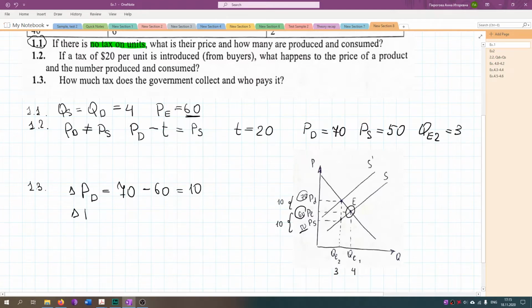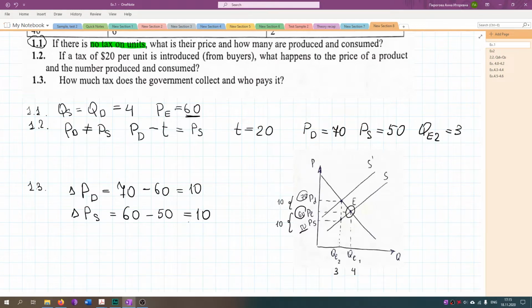And the change in price for suppliers is equal to 60 minus 50 is equal to 10. So we are interested only in positive figures. So in both cases, we will get a positive number.